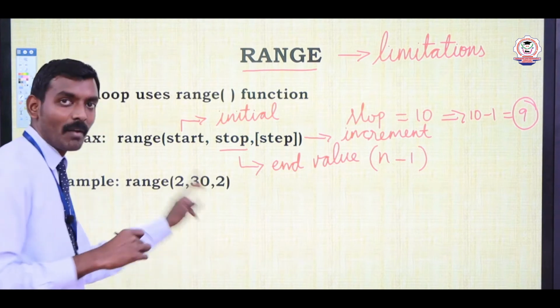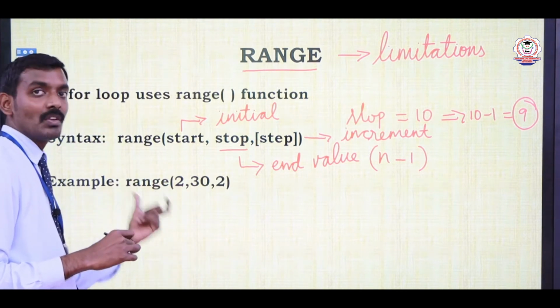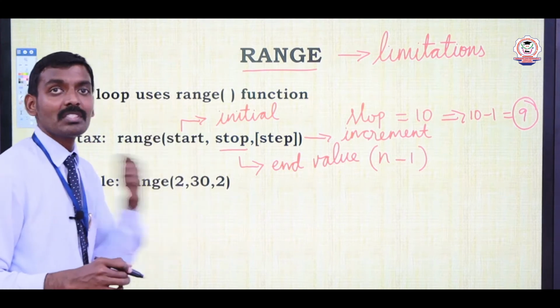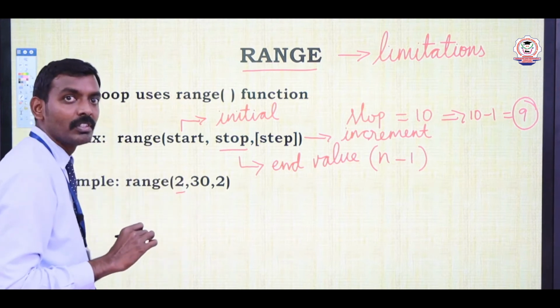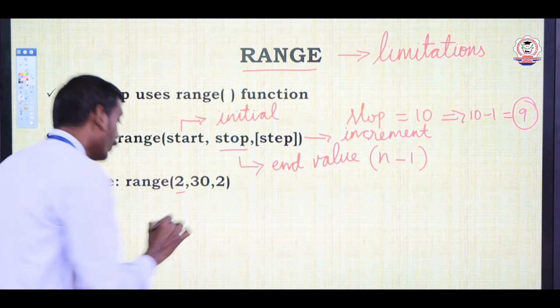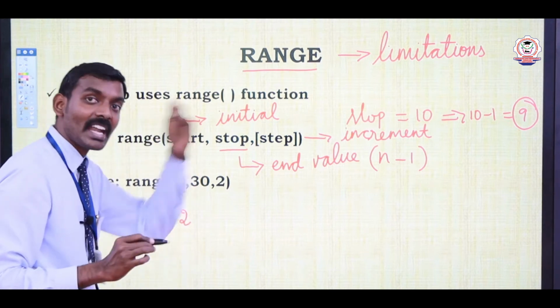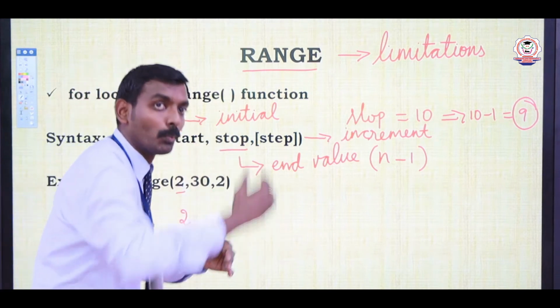This is an example. This range function produces only the even numbers. Why does it produce even numbers? Because the starting value of the range function is 2, so it starts at 2 and is incremented by 2: 2 plus 2 plus 2 plus 2.